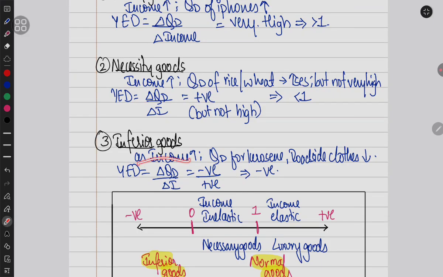When your income increases, quantity demanded for kerosene and roadside clothes will reduce, of course you will choose better options, right? So when there is an increase in income, quantity demanded for inferior goods such as kerosene and roadside clothes will reduce, therefore income elasticity for inferior goods is negative.